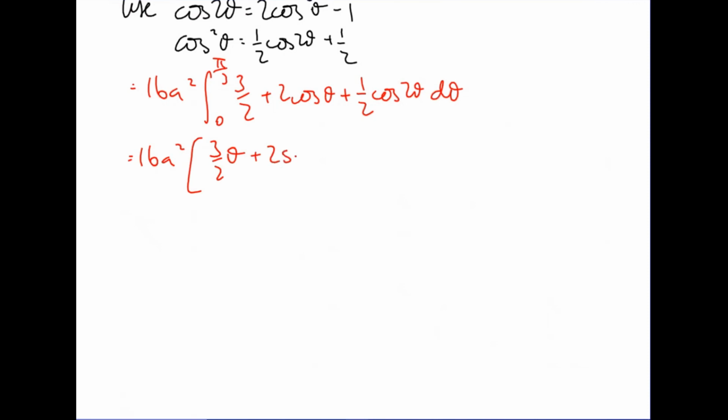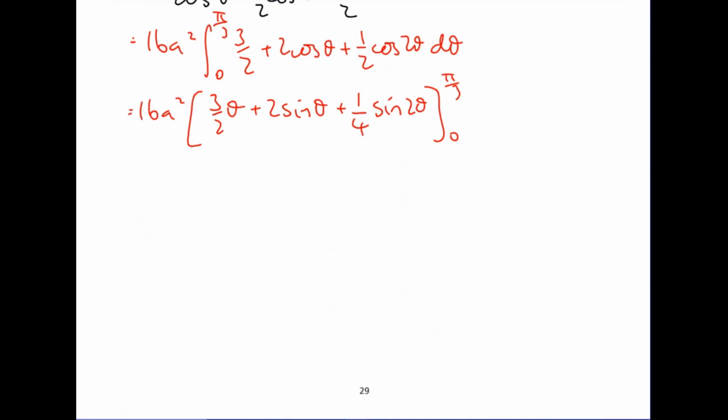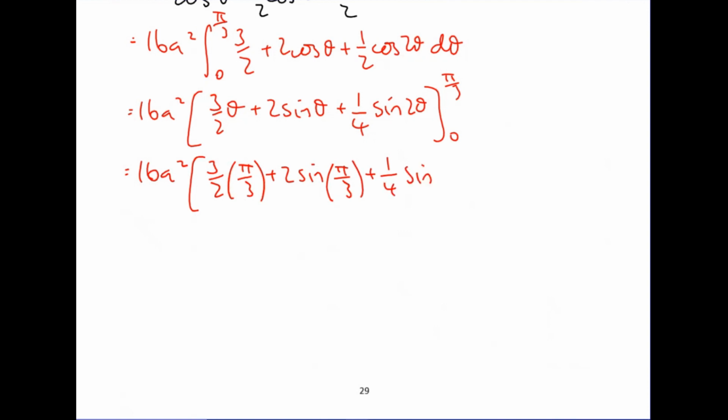Integrating cos goes to sine. Integrating cos 2 theta goes to sine 2 theta, but I've got to divide by the 2. Between pi over 3 and 0. Taking pi over 3: sine pi over 3, sine 2 pi over 3. And because I chose 0 as my lower limit rather than minus pi over 3, it's made my life a bit easier there.